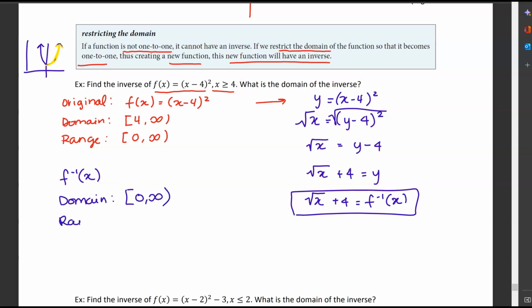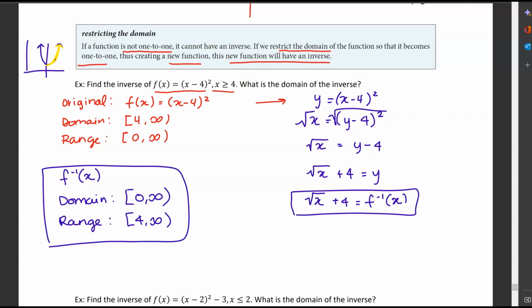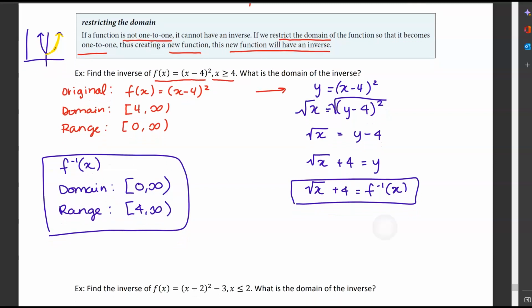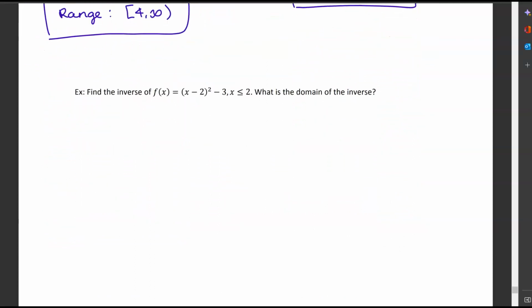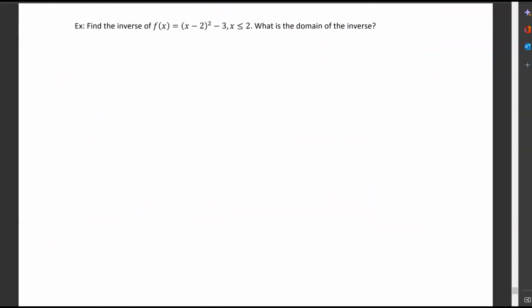And then the range is going to be the original domain, so that's going to be 4 to infinity. And that's it. Remember, they end up getting switched for the inverse function. All right, go ahead, pause this video, and try this example.